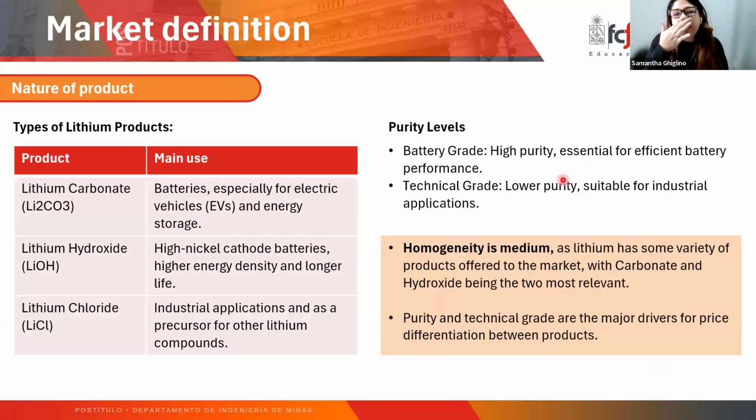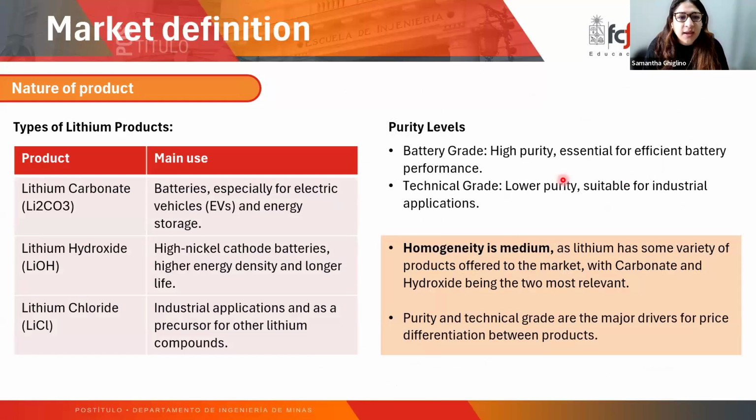Okay, so continuing with the nature of the product. Lithium can be sold in different presentations. We have mentioned the three main ones here, which are lithium carbonate, hydroxide, and chloride. They have different uses. Carbonate is mainly used for batteries, specifically for electric vehicles and energy storage.